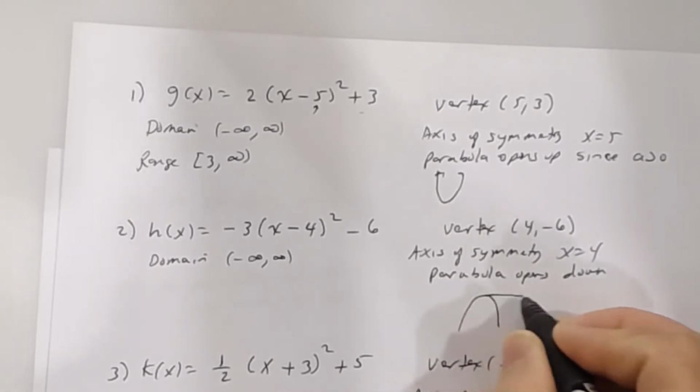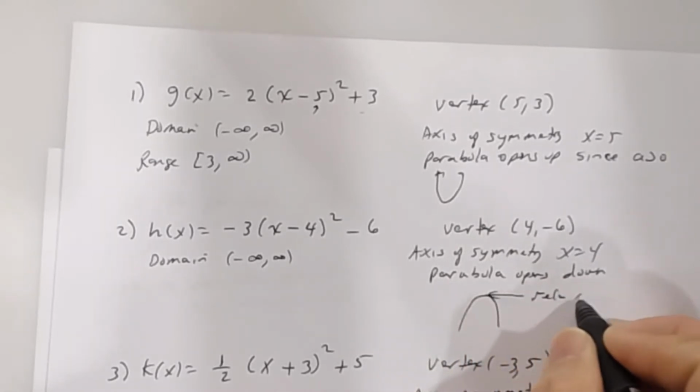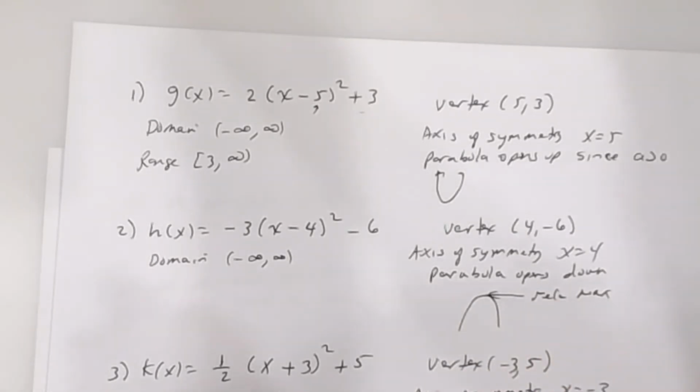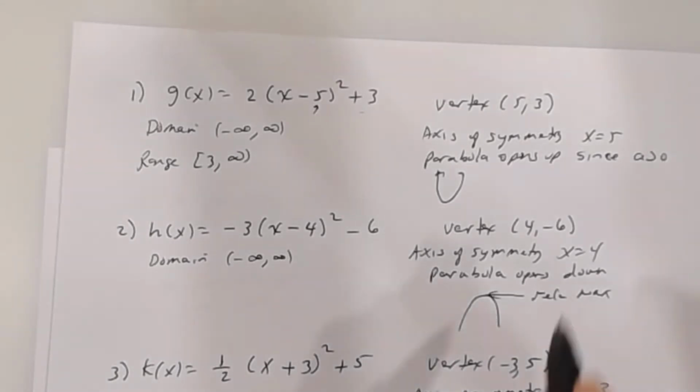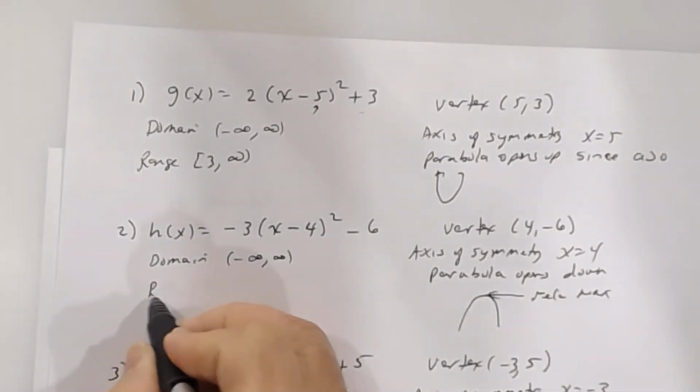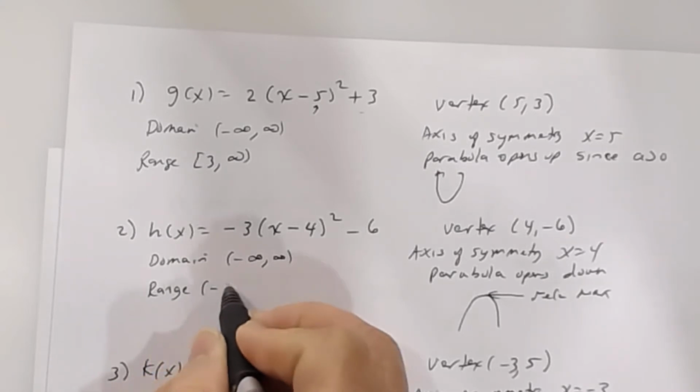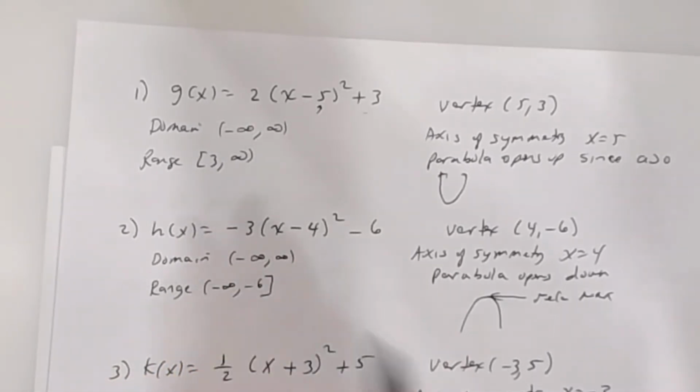So it's a relative max. And so that's going to be your highest y value, right? So you're going to go from negative infinity all the way to that highest y value. What's that highest y value? -6. With a bracket.